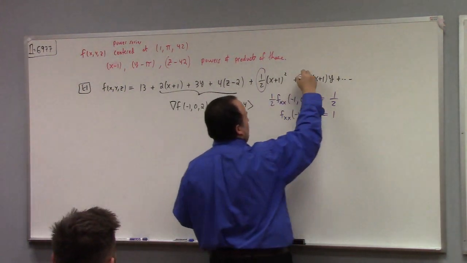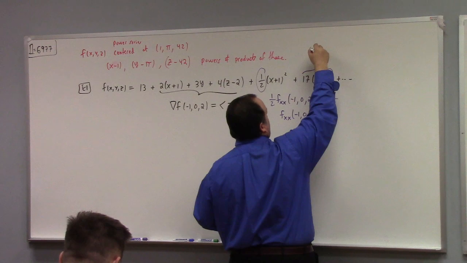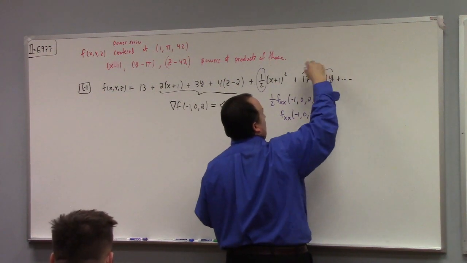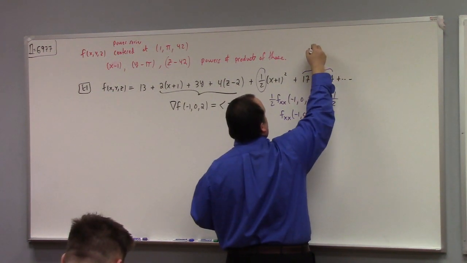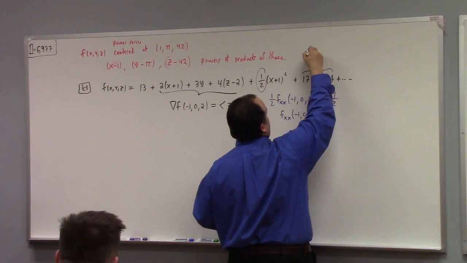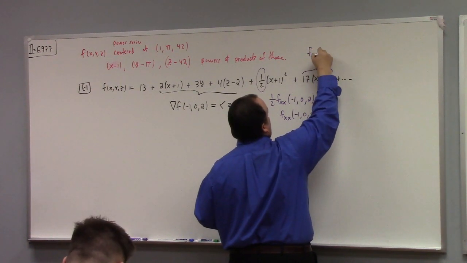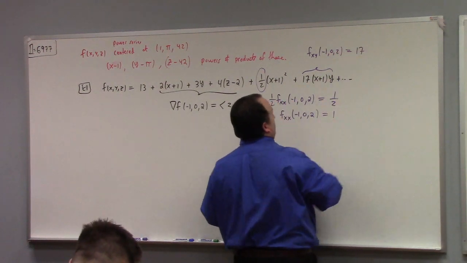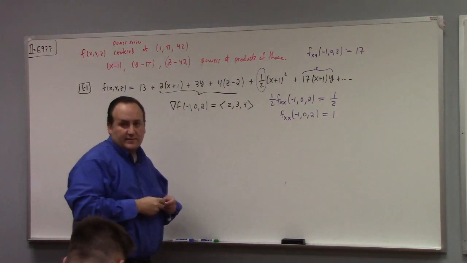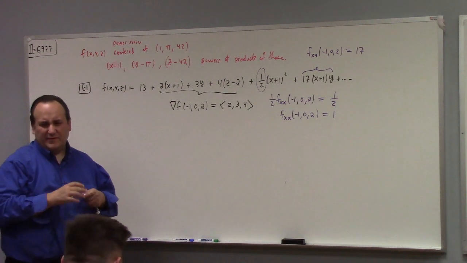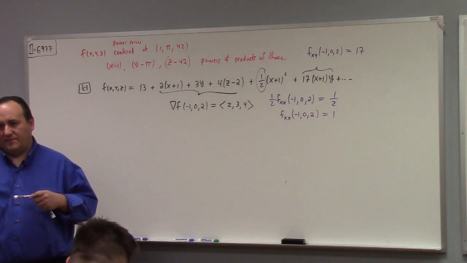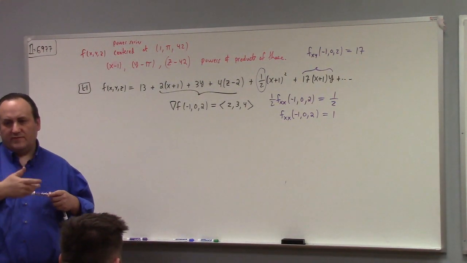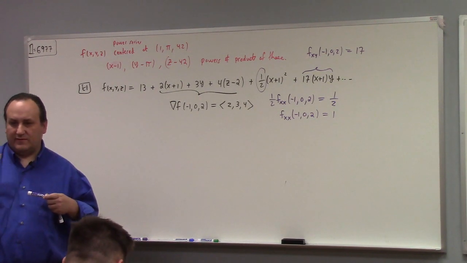And when I look at the multivariate power expansion, because this one is an xy term, the meaning of this is f_xy at (minus 1, 0, 2) equals 17. So the half doesn't figure in there. It's simple enough for order 2. There's a half for the double derivatives, and there's not a half for the mixed derivatives.